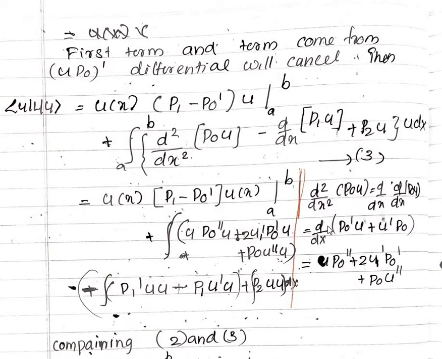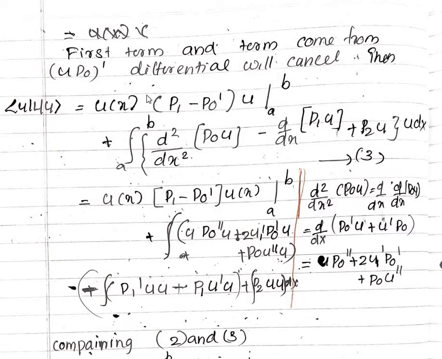So you will get d by dx of p0 dash u plus u dash p0, that is equal to u p0 double dash, 2 p0 dash u dash, here also u dash p0 dash. So you will get 2 u dash p0 dash plus last term p0 u double dash.